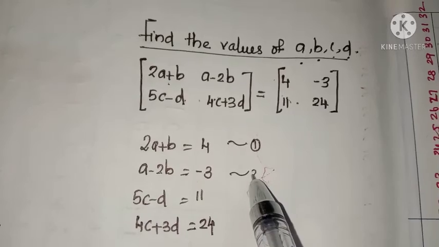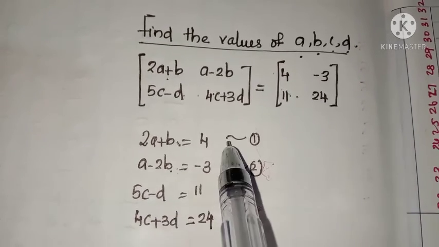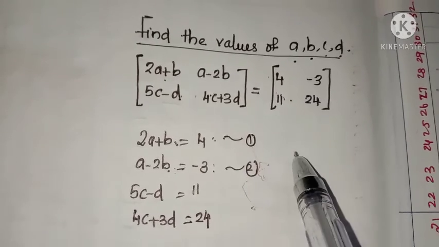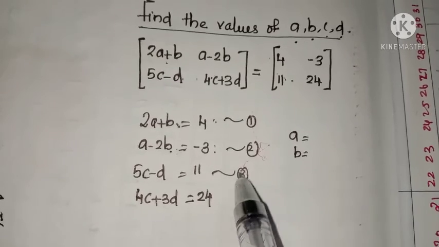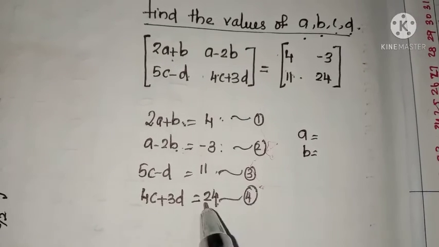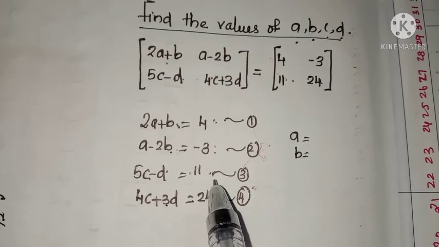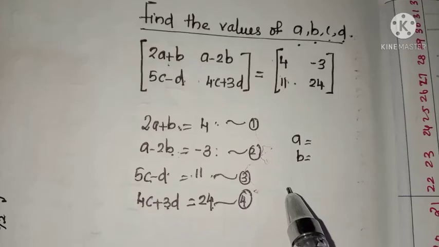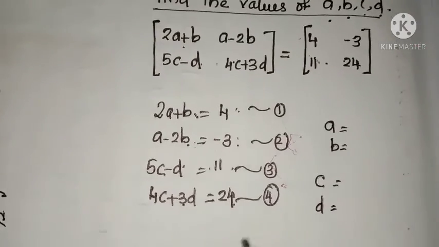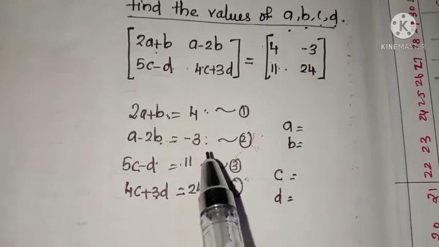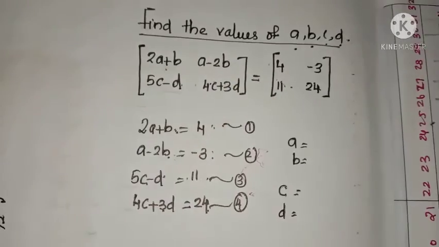Equation 1 and equation 2 are in A and B. If we solve these two equations, we get A and B. Equation 3 and equation 4 are both in C and D. Solving these two equations, we get the values of C and D. In previous classes, class 9 or class 8 onwards, we studied how to solve equations.